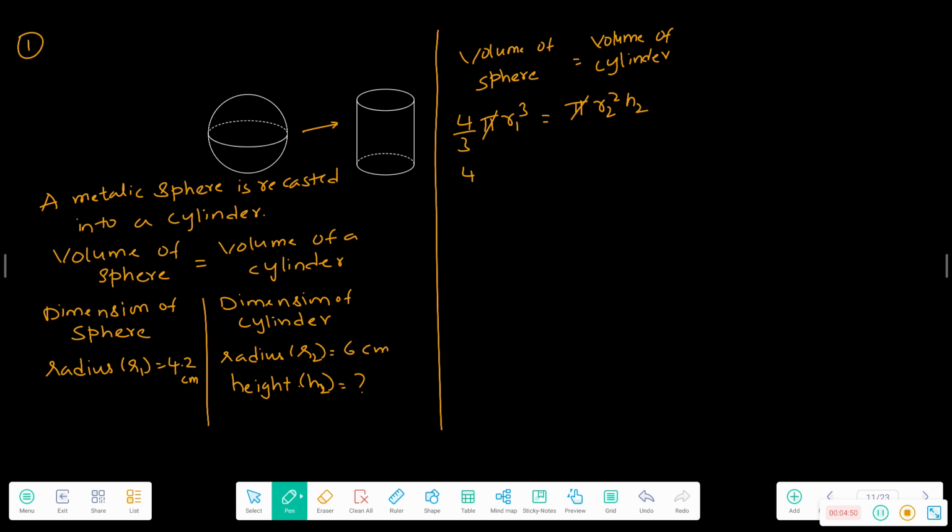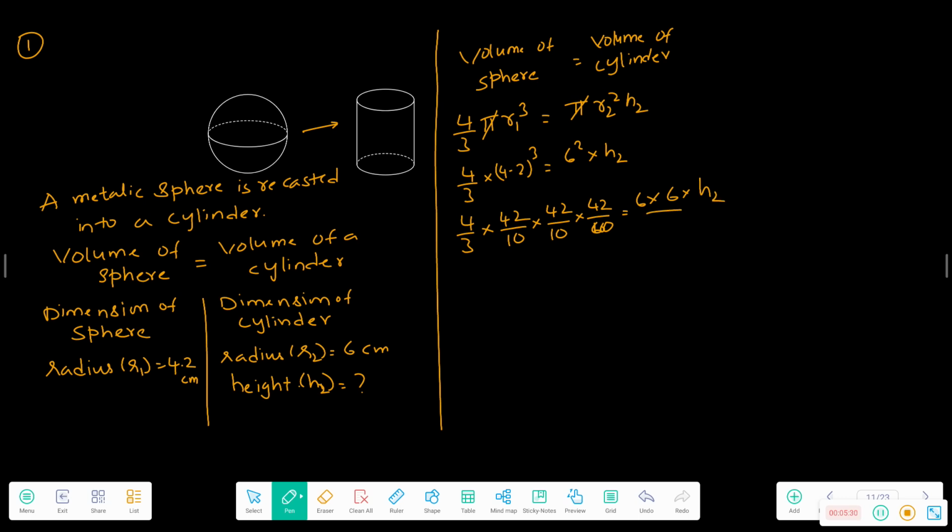Now 4/3 into r1, which is 4.2, whole cube, equals r2 which is 6, that is 6 square, into h2. We need to find the value of h2. This can be written as 4 by 3, and 4.2 can be written as 42 by 10, so 42 by 10 into 42 by 10 into 42 by 10 equals 6 into 6 into h2.